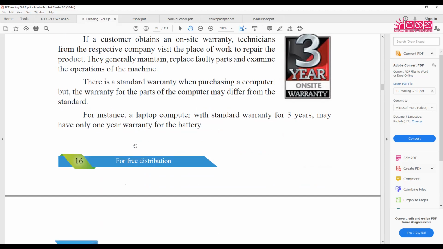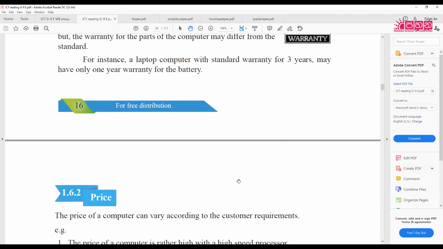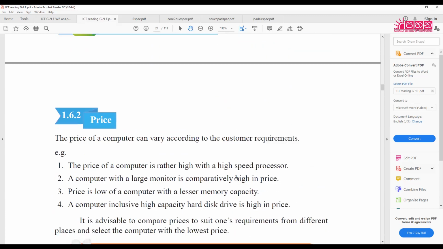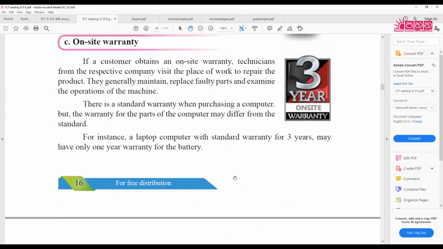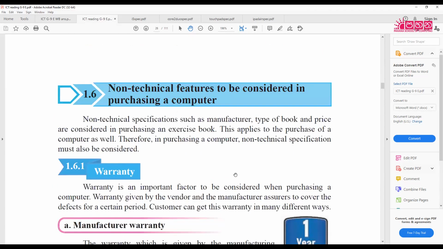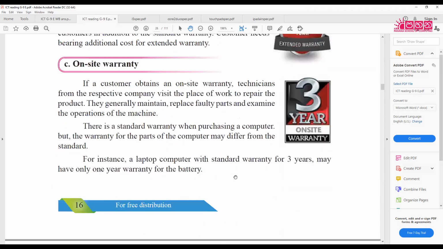Now, for example, given here, a laptop computer with a standard warranty of 3 years. But you have only 1 year for the battery. The other parts you have 3 years, but for the battery, you have only 1 year. So that's about the warranty.